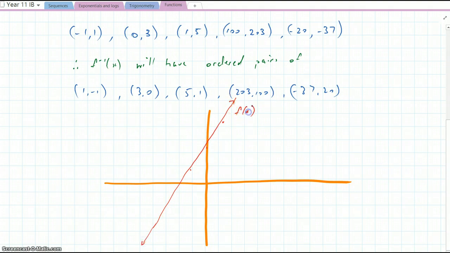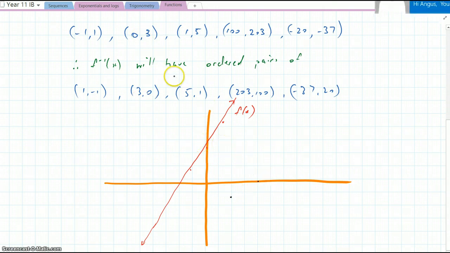That's f of x. Now let's give another colour out for the inverse function. It's got 1, minus 1, 1. So basically this point here went from minus 1, 1 to 1, minus 1, so it's gone down there. This 0, 3 has become 3, 0, so that's gone to there.